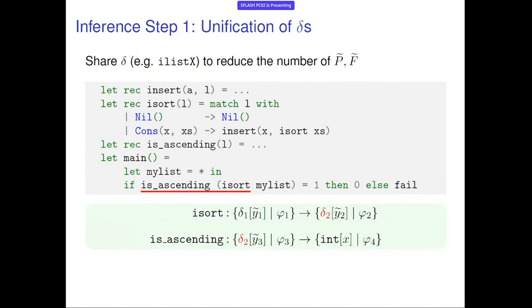You can see that those types have different refinement formulas, phi2 and phi3. This part can be different, but they must have the same delta, so the same predicates and functions.